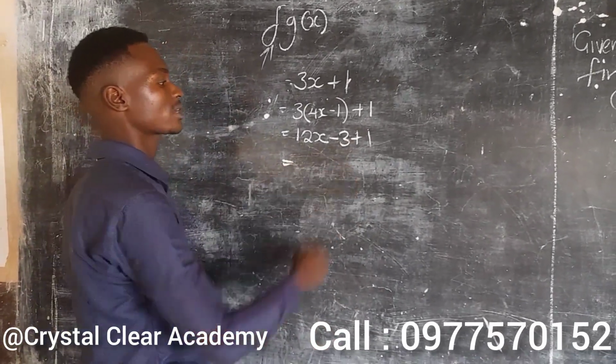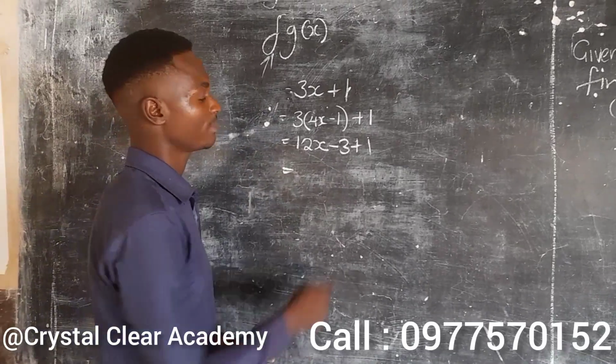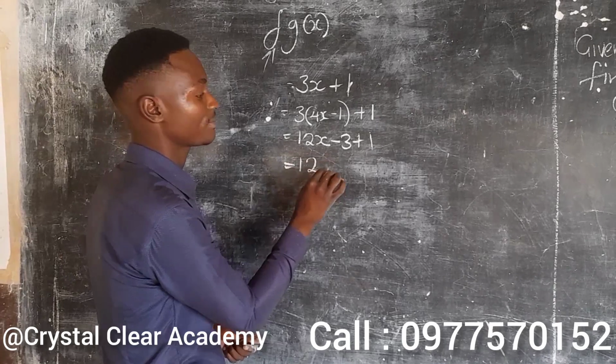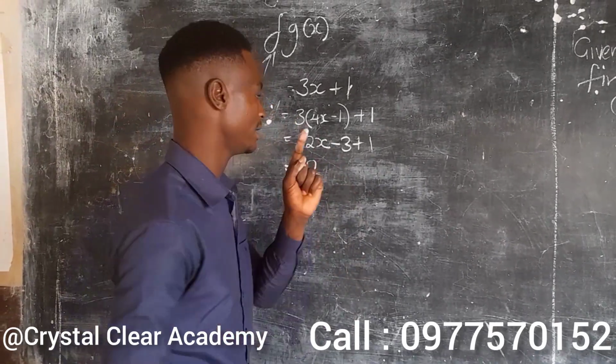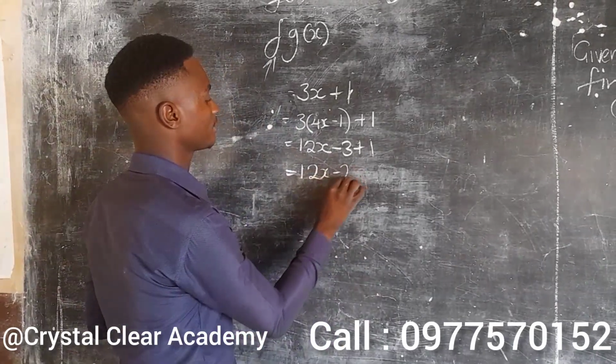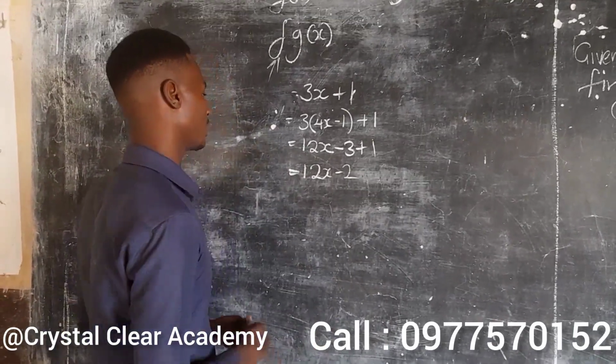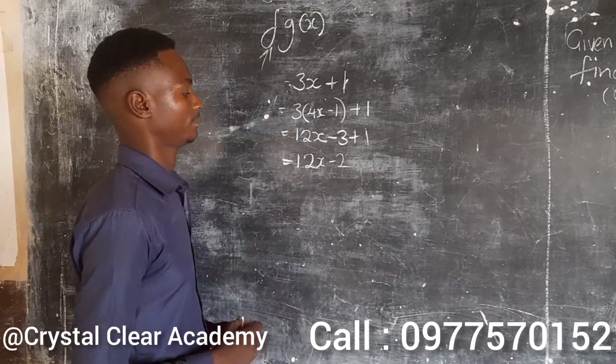So here when you subtract, 3 minus 1 is 2, and the bigger number is 3, so the sign is negative. So negative 3 plus 1 is negative 2. And this is the answer.